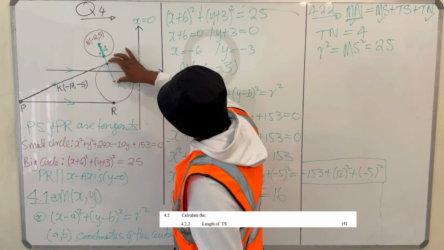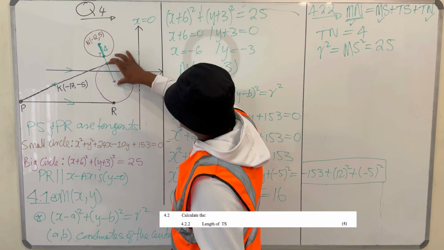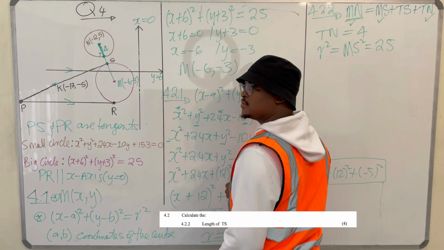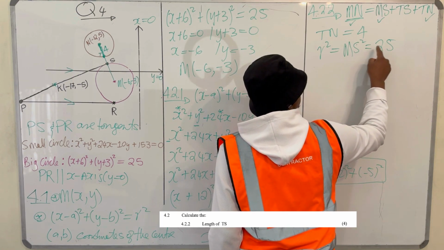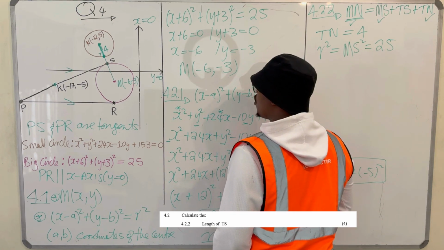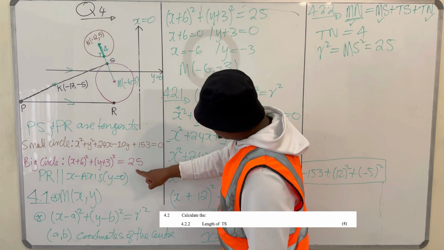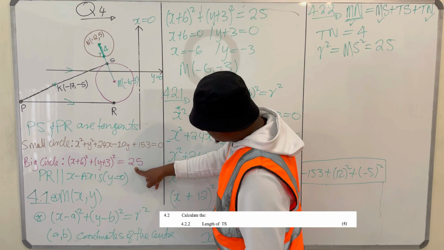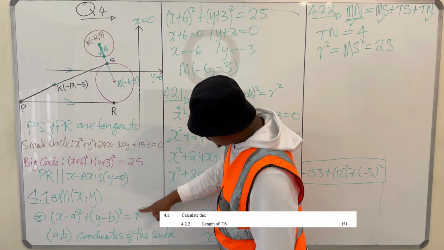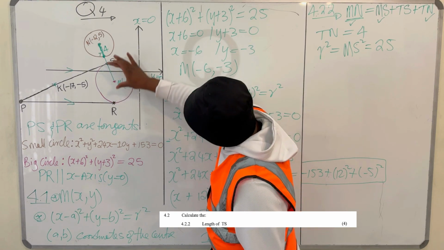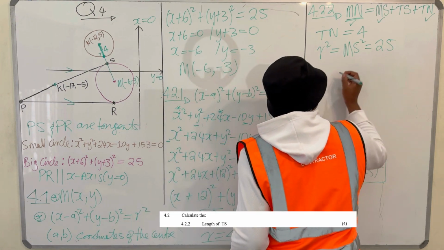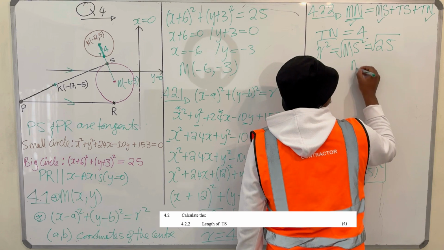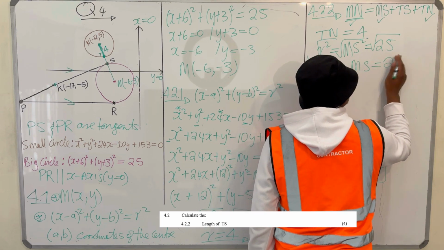The radius of this circle is ms, so if you square the radius, it should be 25, because this part here is exactly this part. So r squared is equal to 25, and your r is ms. So you take the square root and get that ms is equal to 5.